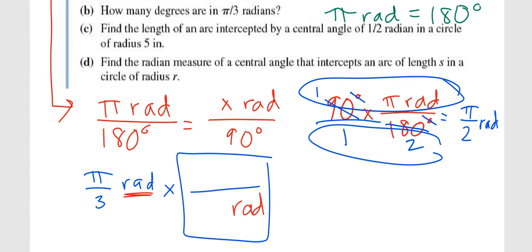No, we want degrees. You are right. That's true. It would be 180 degrees in the top and pi radians in the bottom. If the goal is to get rid of radians and only be left with degrees, you've got to have the correct unit in the denominator, just like they did in the chemistry and physics classes.